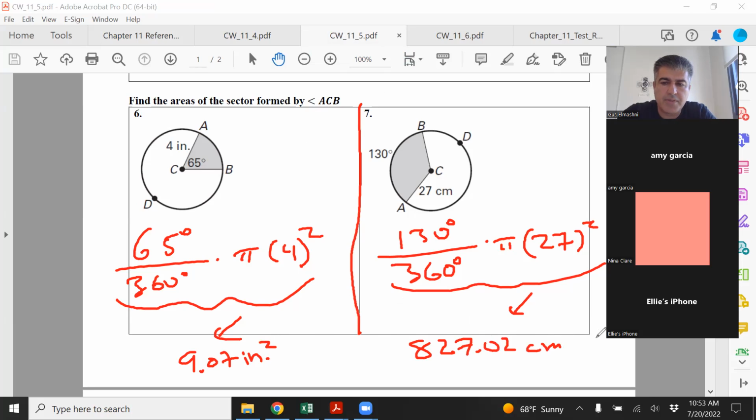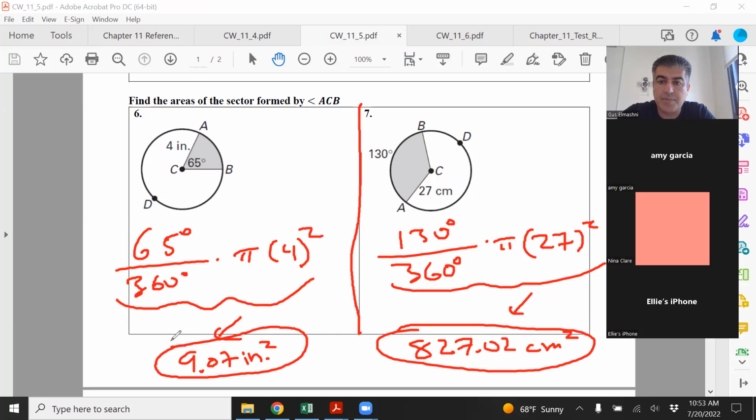And sorry, these are squared units. My apologies. Those are all squared units. Okay, hopefully you guys are okay with that.